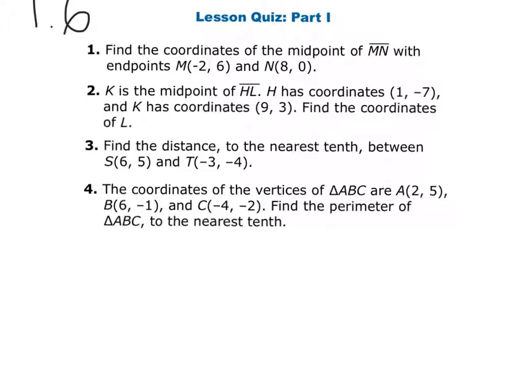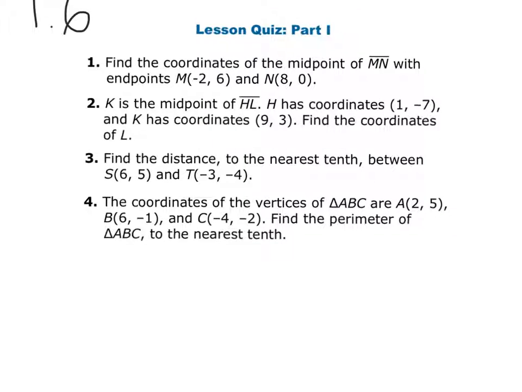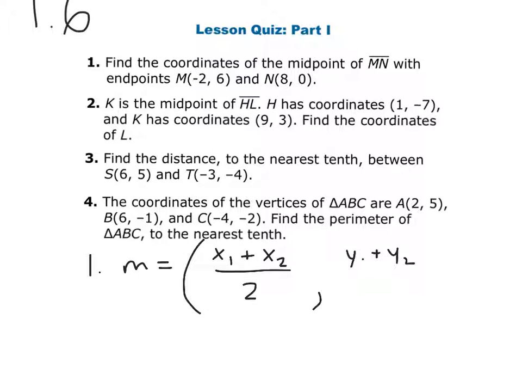So find the coordinates of the midpoint MN with endpoints M(-2, 6) and N(8, 0). So the formula for midpoint would be M is equal to x1 plus x2 over 2, so we're taking the average of the x coordinates, and y1 plus y2 over 2, the average of the y coordinates.